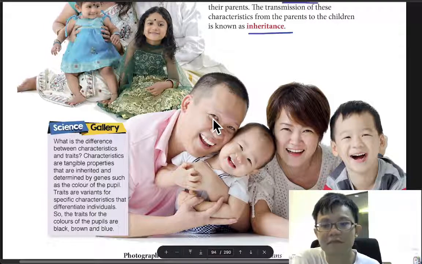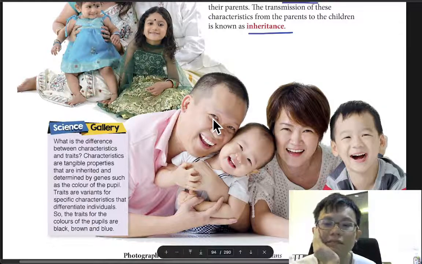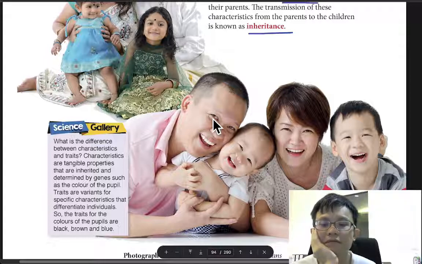Traits are variants for specific characteristics that differentiate individuals. So the traits for the colors of the pupils are black, brown, and blue.